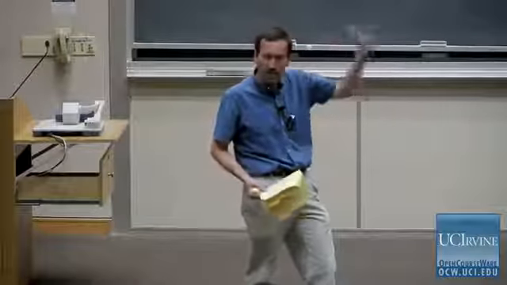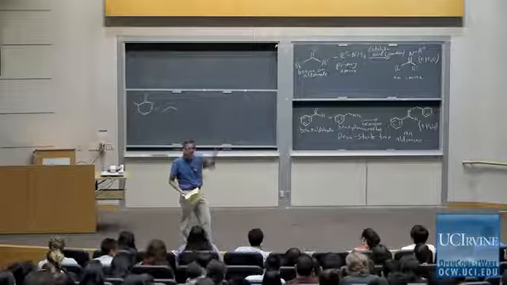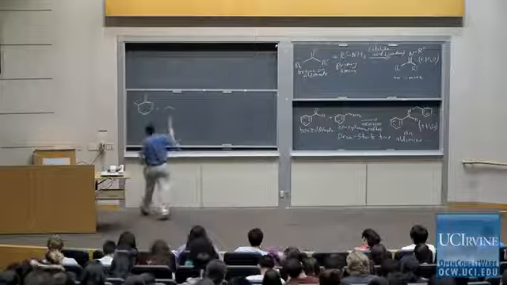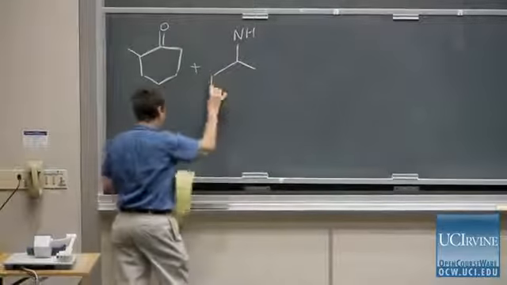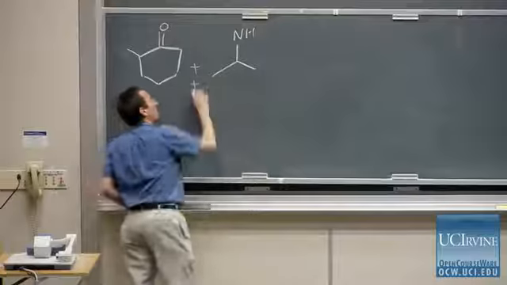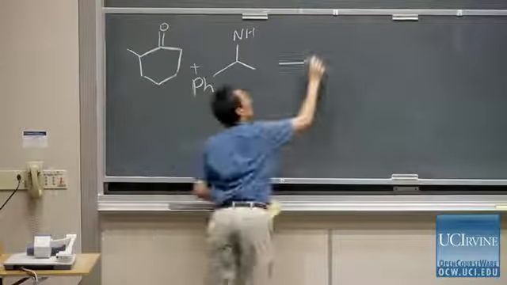This is how we make new medicines, for example. This is how you make chemically synthesized steroids and so forth, and drugs. And so if one uses a chiral amine, and I'm not going to draw a particular enantiomer here, one can go ahead and form a valuable imine from this.